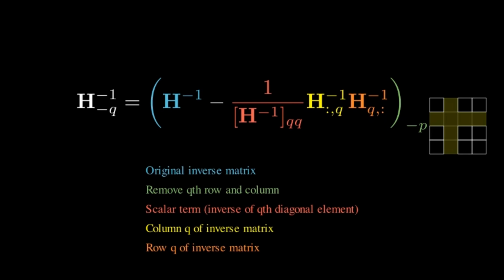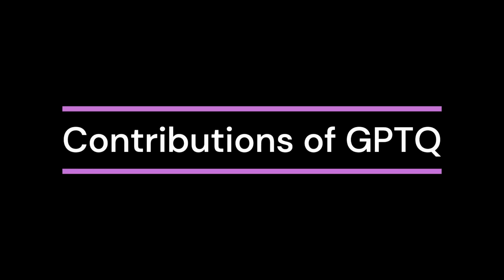So you don't have to recalculate the inverse Hessian, you just have the original inverse Hessian, you apply one step of Gaussian elimination, and it's kind of cool. And you can just remove that row and that column from that matrix. Okay, cool. That is basically all we need to know about the mathematical side of GPTQ. So, welcome, quite dense, but hopefully that was useful or interesting.